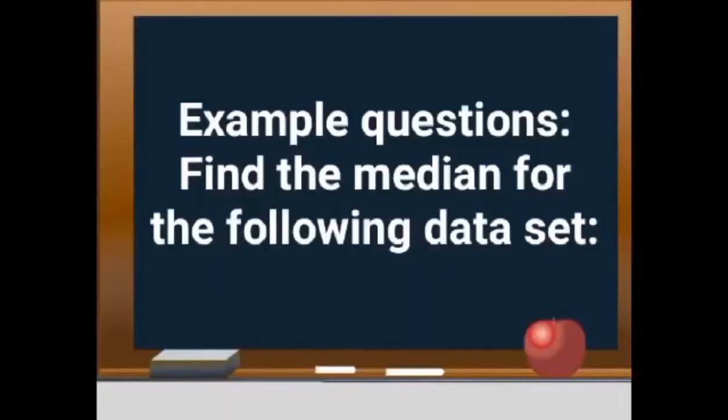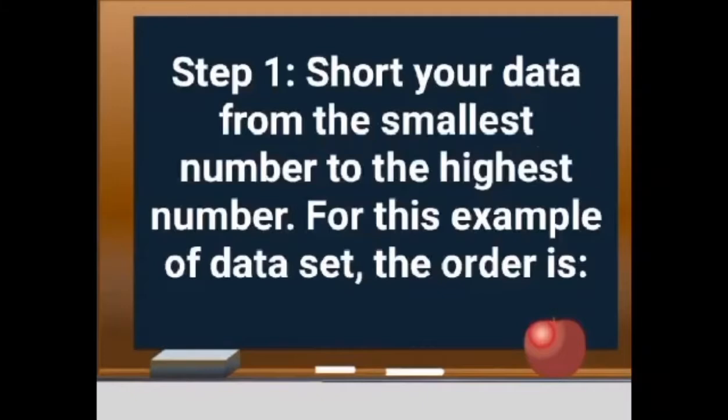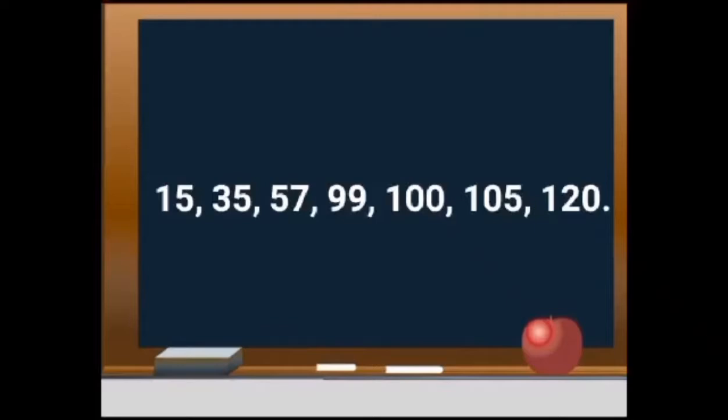Sample question. Find the median for the following data set: 105, 57, 35, 100, 99, 120, 15. Step number 1. Sort your data from the smallest number to the highest number. For this example data set, the order is 15, 35, 57, 99, 100, 105, 120.